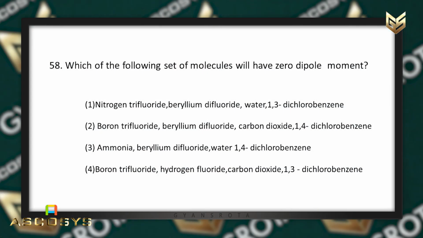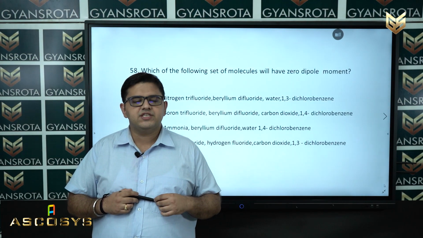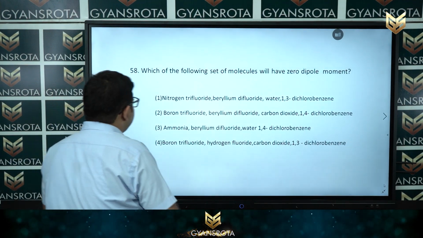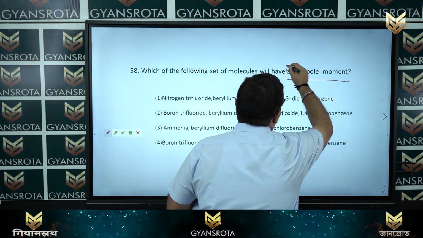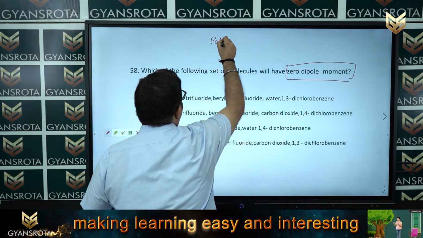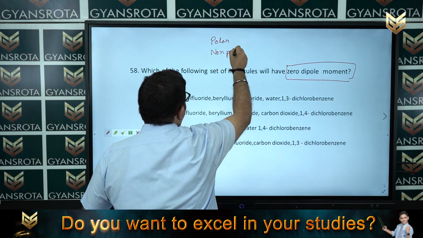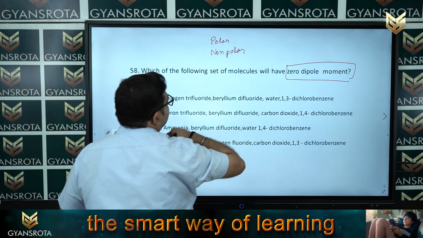So, question number 58 is on your screen. Which of the following set of molecules all have a zero dipole moment? So, now we are moving to the solution part. Now, they asked for a zero dipole moment. We have two types of molecules, one is polar molecules, another one is non-polar molecules.